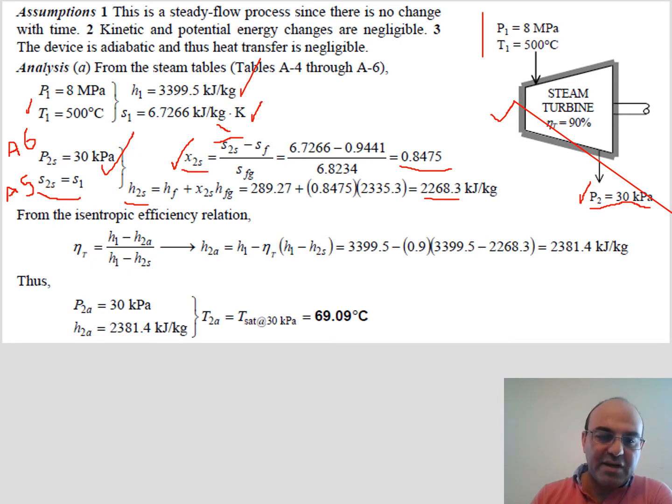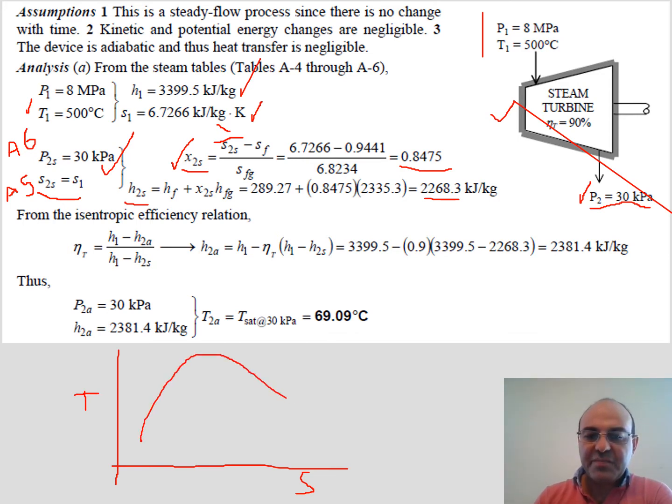Let me show it on a T-S diagram for you to understand what's happening. So T-S, and this is our dome. This is a little bit too wide. Let's say this is state 1, the turbine inlet, superheated. If we assume constant entropy, this would be the line, and this point would be point 2S.